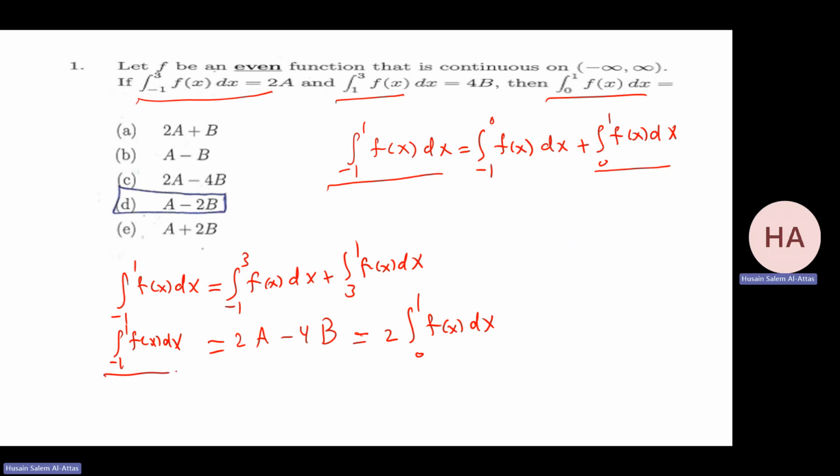Since the function is even, integral from minus 1 to 1 will be 2 times integral from 0 to 1. Actually, no need for this. I need this. This is 2 of this. And this is what I'm looking for. So the integral from 0 to 1 of f of x dx, I just divide by 2. It will be a minus 2b, which is this one.